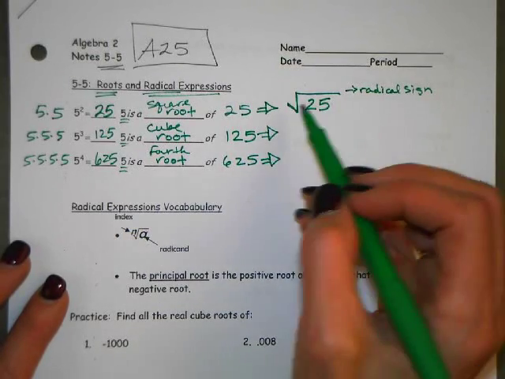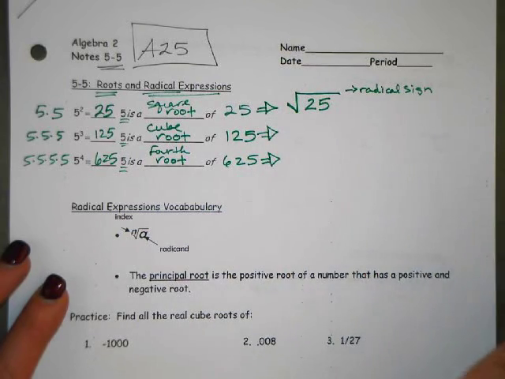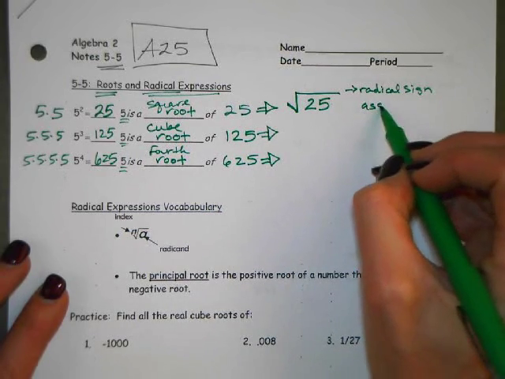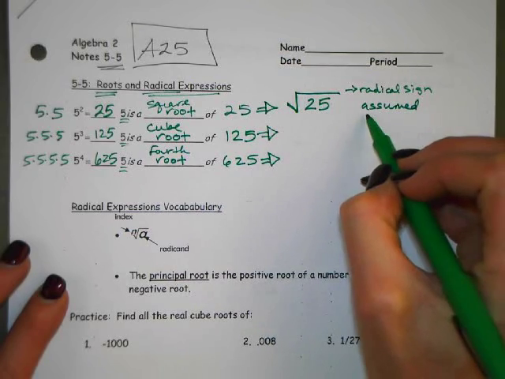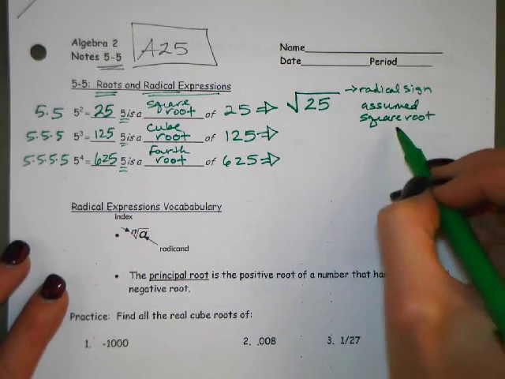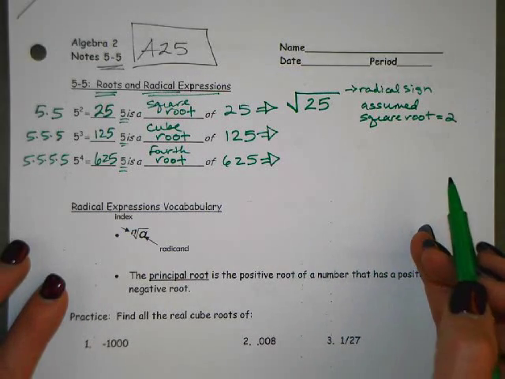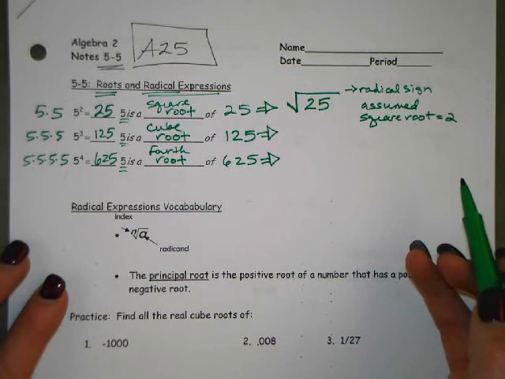Now, if you see nothing to the left up here, the radical sign just by itself, it is an assumed square root, meaning 2. Is there any case where it won't tell us, where it will be something different?